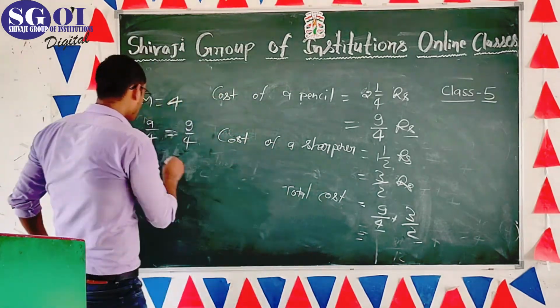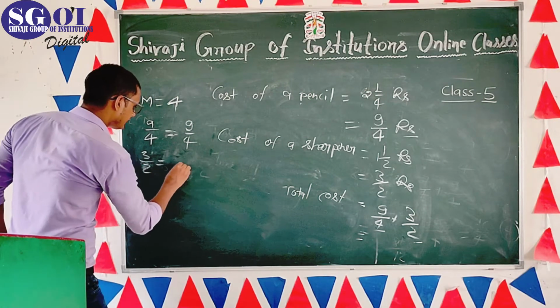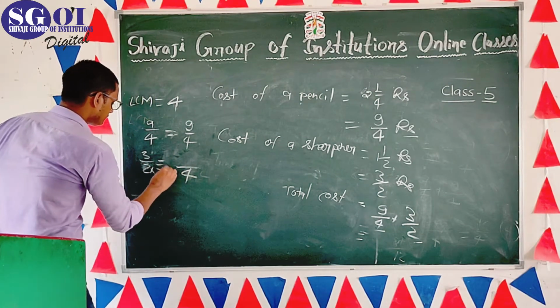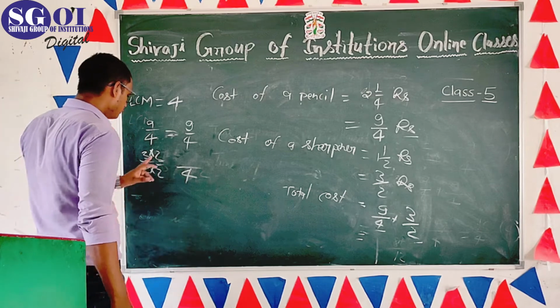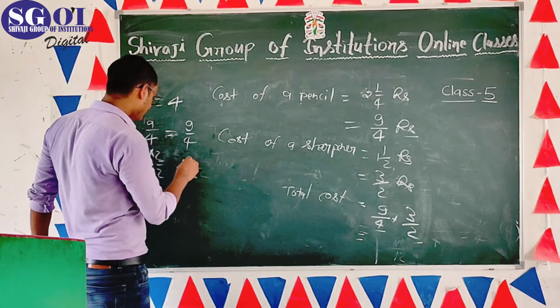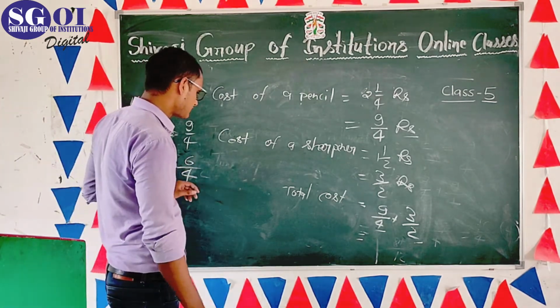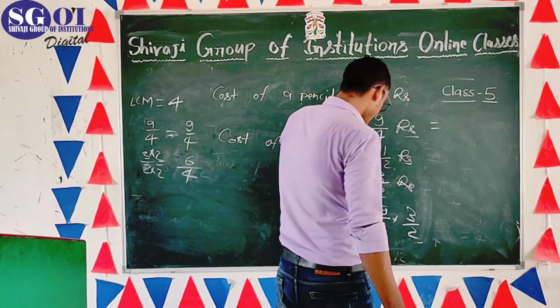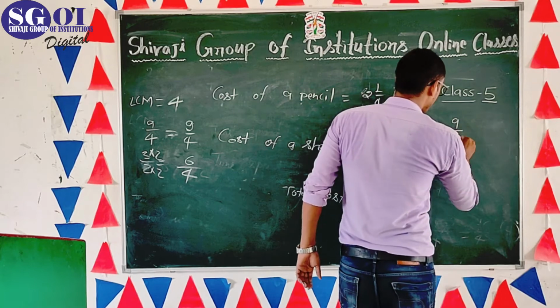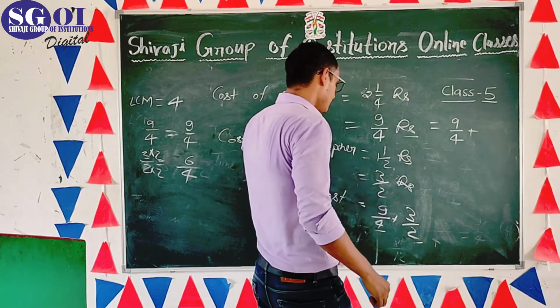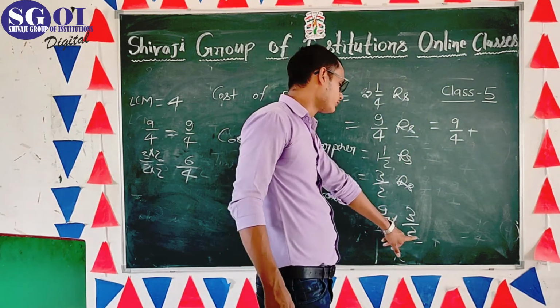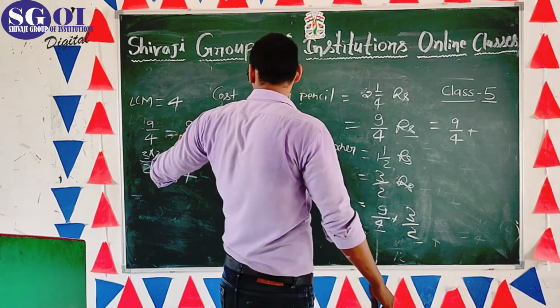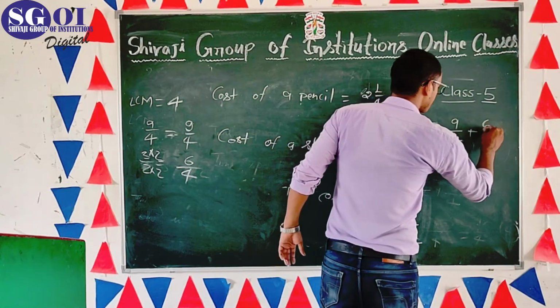Next, the equivalent fraction of 3 upon 2 with denominator 4: you multiply 2 in both numerator and denominator. 3 twos are 6, so 6 upon 4. Okay, students? So the equivalent fraction of 9 upon 4 is 9 upon 4, and the equivalent fraction of 3 upon 2 with denominator 4 is 6 upon 4.